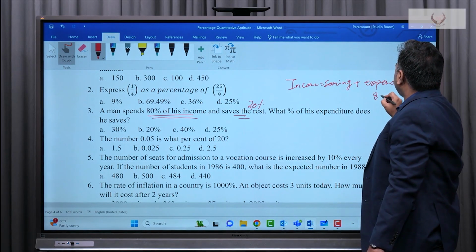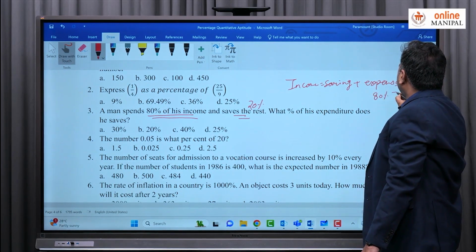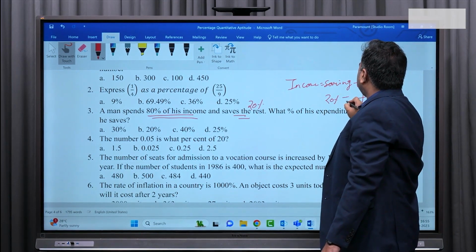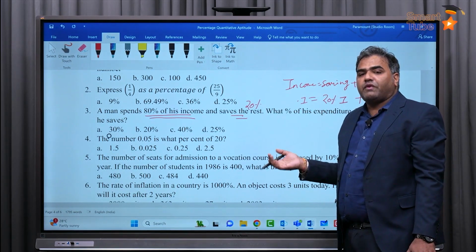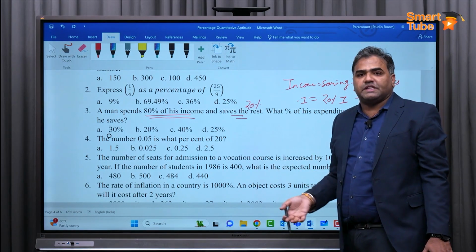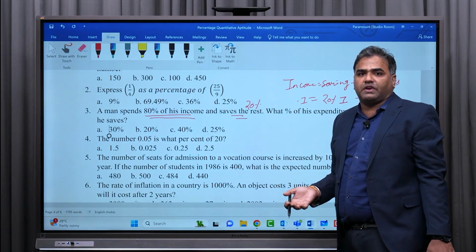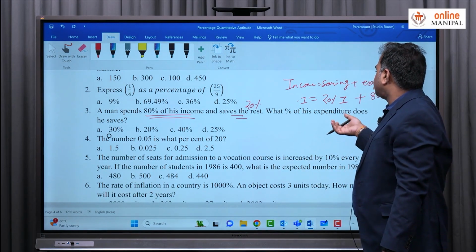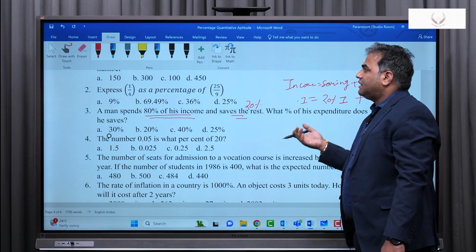So you have spent 80% of your income. So how much income is left with you? 20%. Okay, so if I'm assuming my income as 100 rupees, so 80 rupees was my expenses and 20 rupees was my saving. This much everyone clear, right? Now what they're asking you, what percentage of the expenditure does he save?